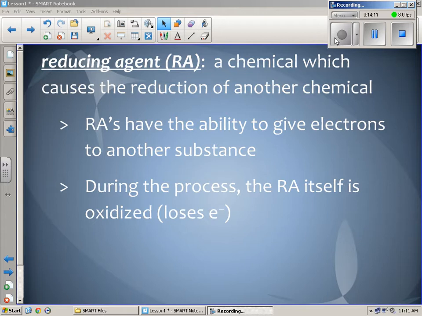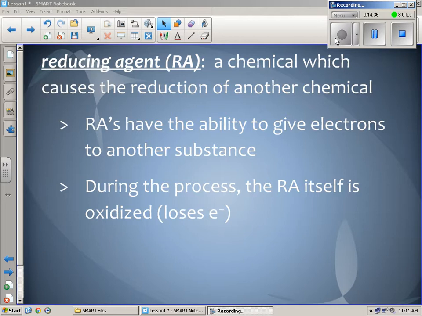RAs have the ability to give electrons to another substance because during the process, the RA itself is being oxidized. So if you think back to this first example, sodium is the one that's being oxidized. Sodium goes from 0 to 1 plus. Because it's being oxidized, sodium is the reducing agent. It has the ability to give electrons.